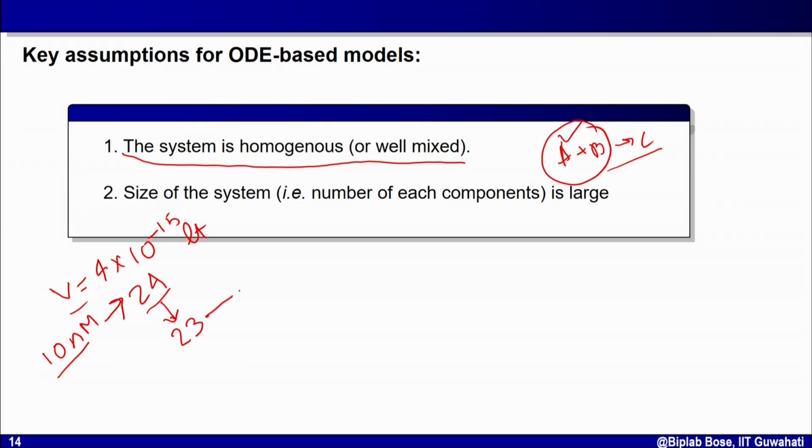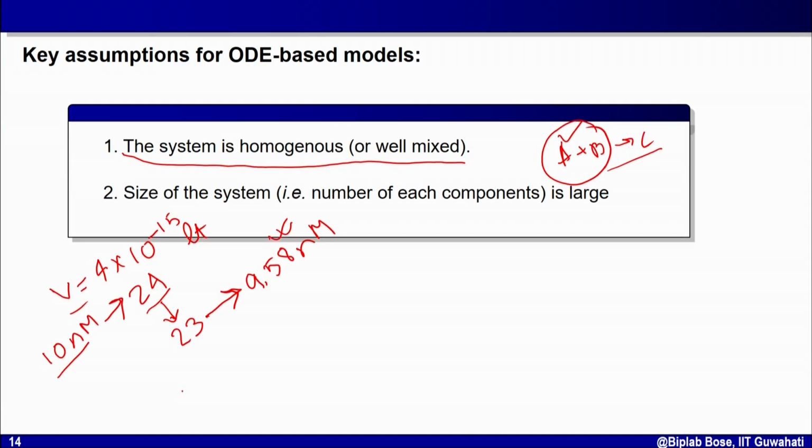Now if you convert this 23 molecules into concentration, it will become 9.58 nanomolar. So from 10 nanomolar, it becomes abruptly 9.58 nanomolar. So there's an abrupt change in the concentration just because one molecule has reacted to create C.